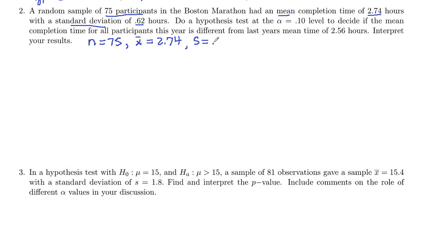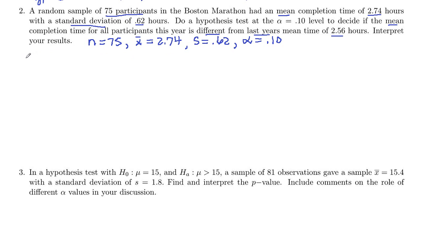That's sample standard deviation. We're going to do a hypothesis test here at the alpha is 0.10 level to decide if the mean completion time for all participants is different from last year, which had a mean time of 2.56, and then interpret our results.